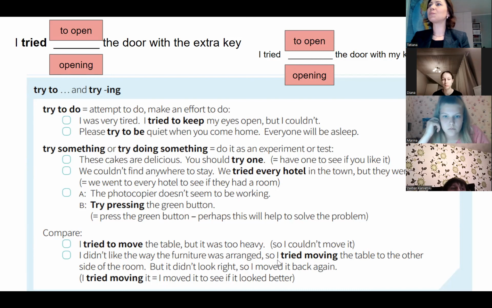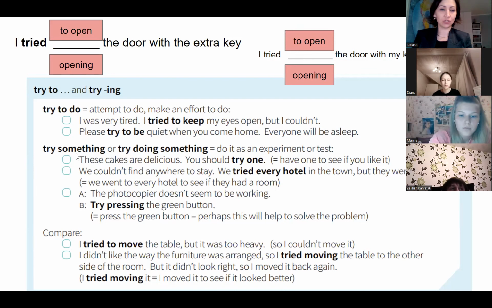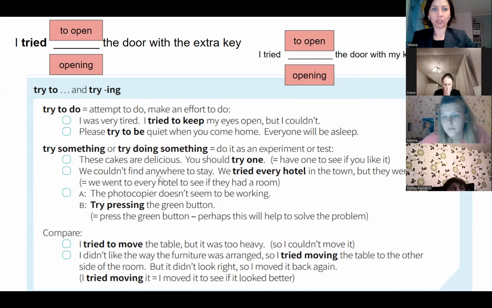So I was experimenting with the table, seeing whether it works. Exactly, Maria. So when you experiment, it's ing. Doing something, experimenting. Or you try to do something, you put the effort into it, try to do.